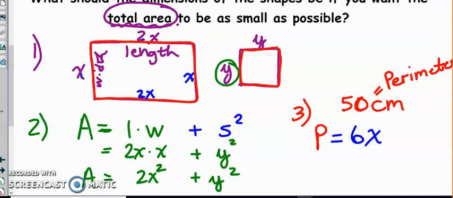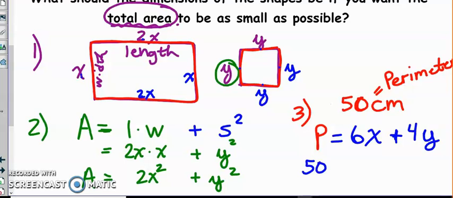Either way, it's 6x for the perimeter of the rectangle. For the square, we have y's on all four sides: y, y, y, y. So that's 4y, so we add plus 4y. The perimeter of the rectangle plus the perimeter of the square should equal the perimeter of the whole thing, which is 50 centimeters.